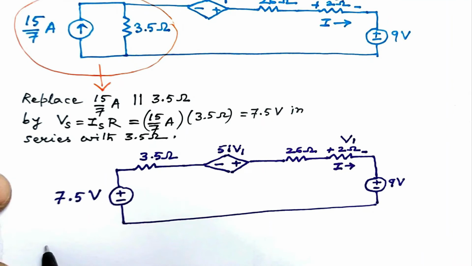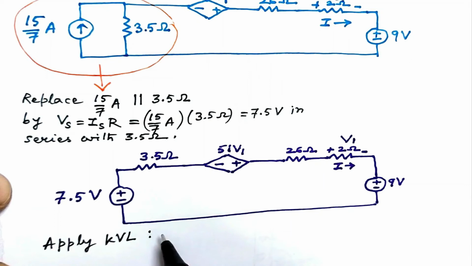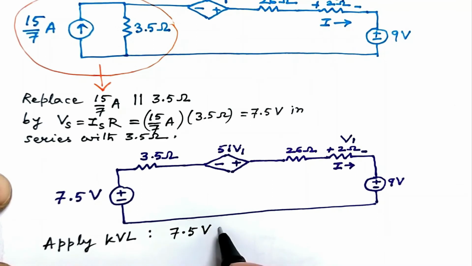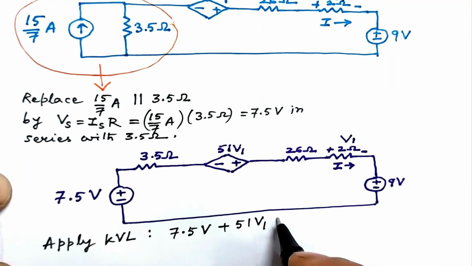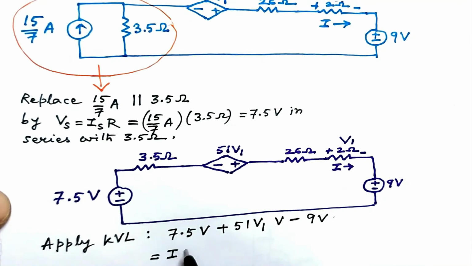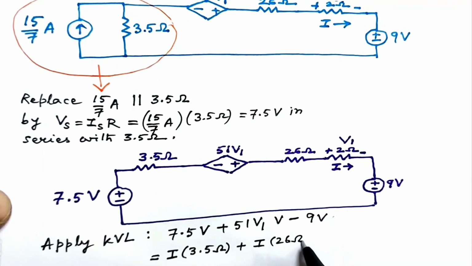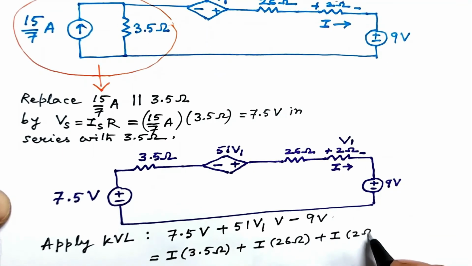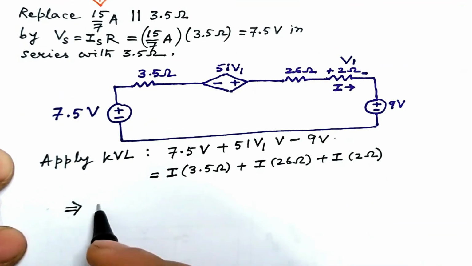Just a single loop, and we shall apply KVL, Kirchhoff's voltage law. We have to be careful, we have to follow the appropriate sign convention, and by doing it we get 7.5 volt plus 51 V1 volt minus 9 volt equal to I into 3.5 ohm plus I into 26 ohm plus I into 2 ohm. This gives.